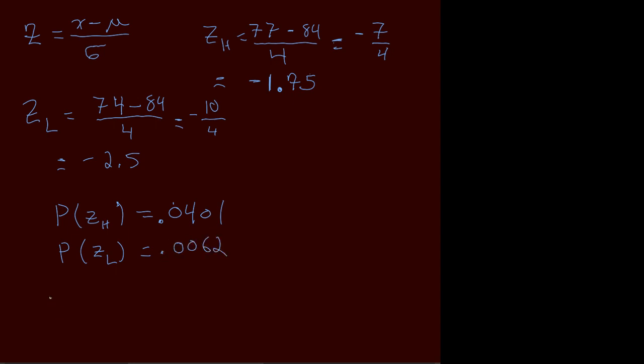Well, the probability of x being between 74 and 77 is the difference of these two probabilities. And now I'll grab my calculator over here. 0.0401 minus 0.0062 is 0.0339.